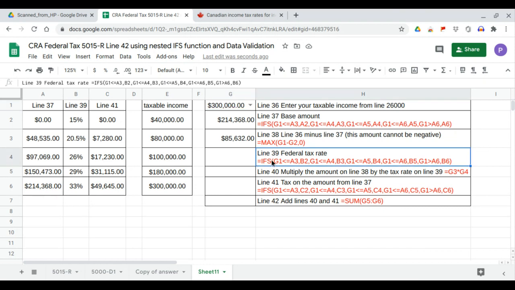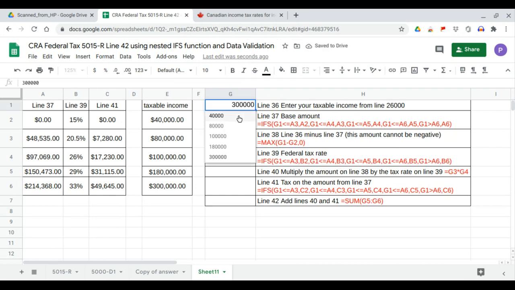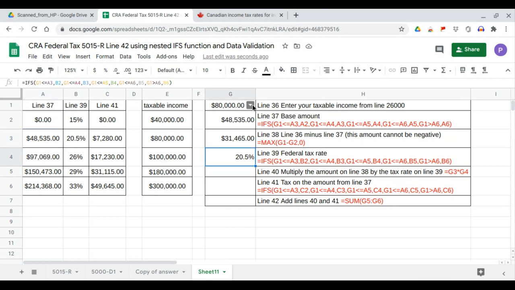Now we calculate the federal tax rate. For the federal tax rate, we use this if statement. And paste. So starting from 40,000, our federal tax rate is 15%, so that's within this range. At 80,000, which is within this range, it should be 20.5%.